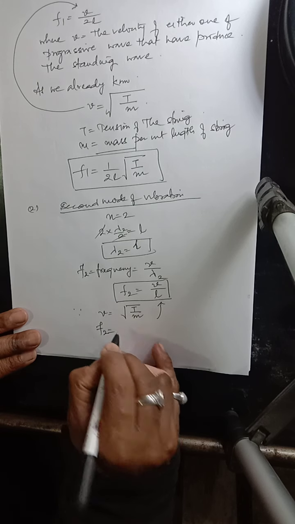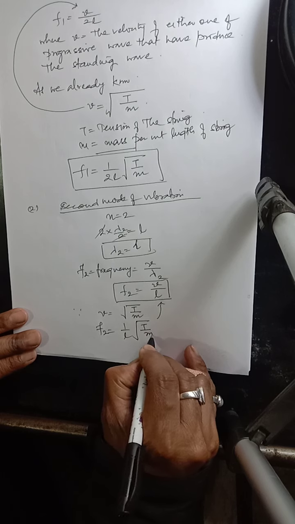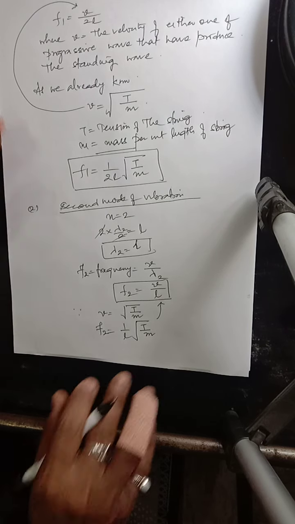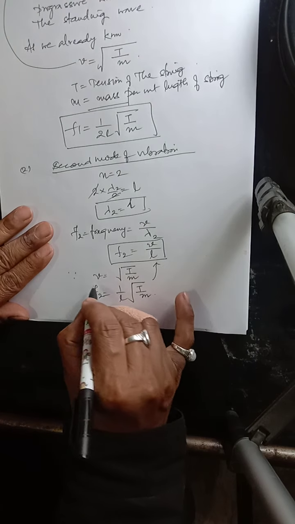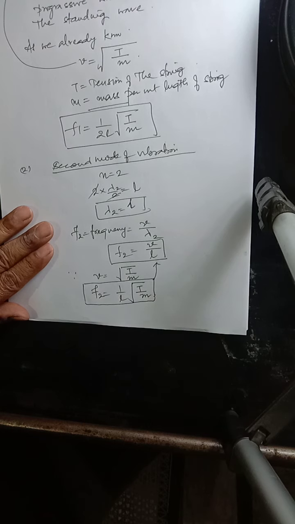So F2 becomes 1 upon L under root of T by m.